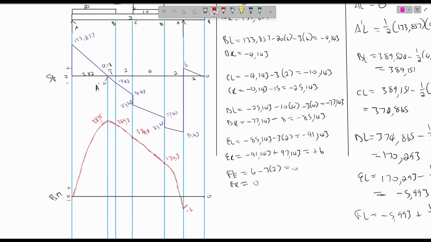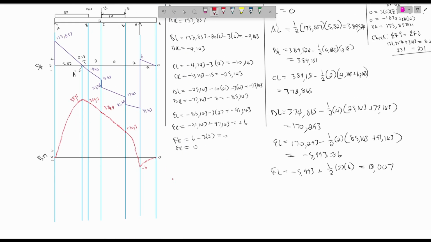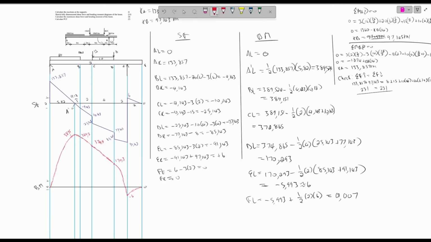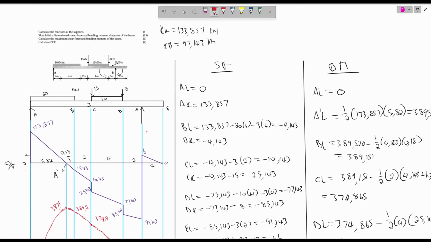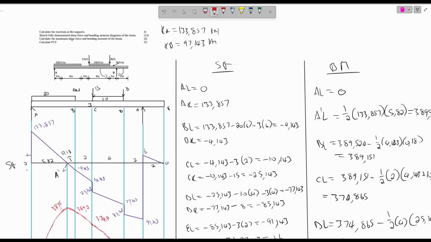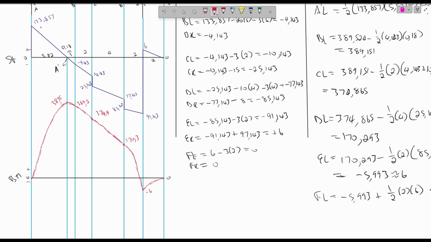Then still have a UDL. It's gonna curve back like that. Now that's our question B. Question C is saying calculate the maximum shear force and bending moment of the diagram of the beam. Our maximum shear force will be this one. That's Vmax, and our maximum bending will be this one. That's our Mmax.